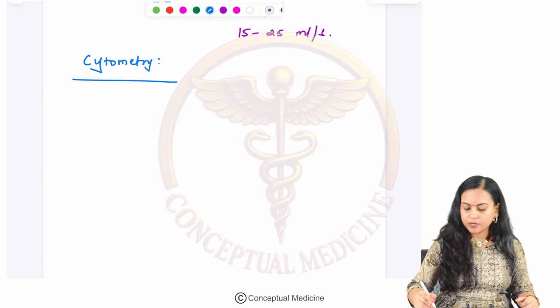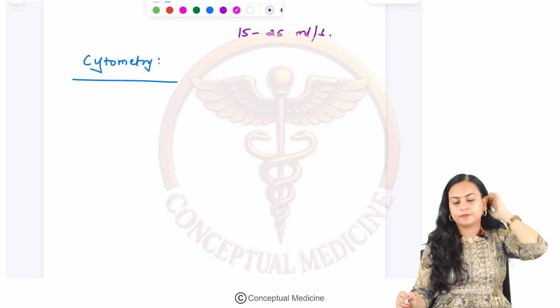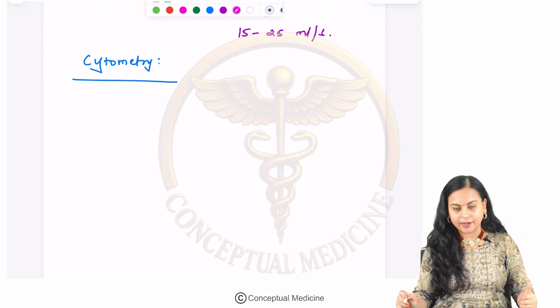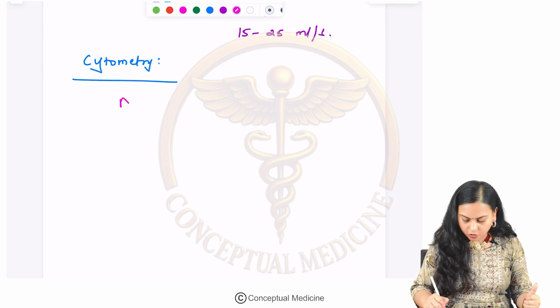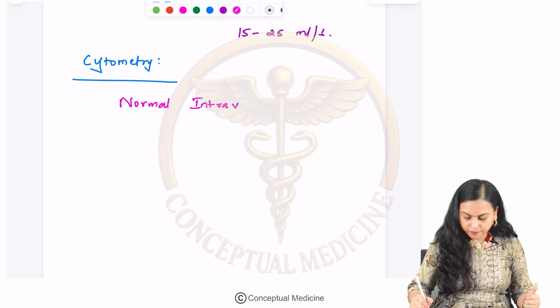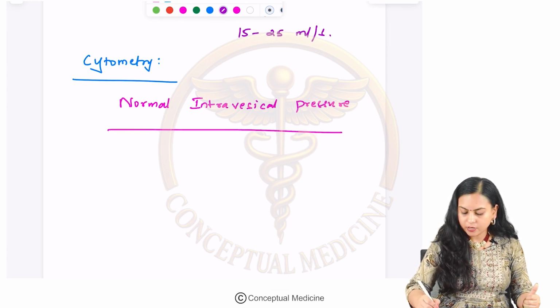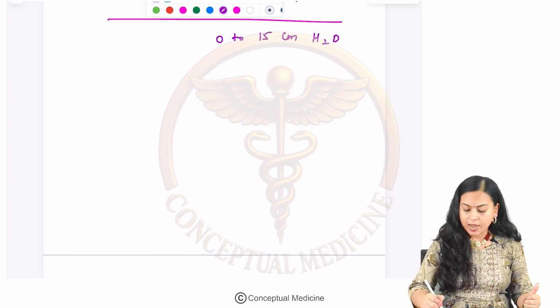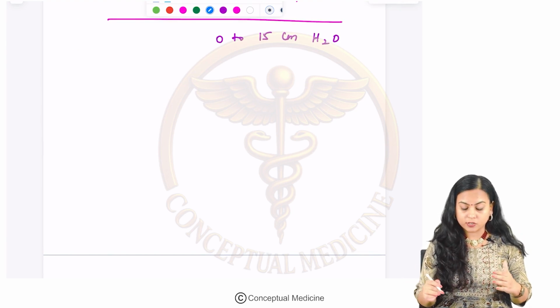Okay, cytometry is a process, an investigation to measure the pressure inside the bladder. Okay. So, the normal intravesical pressure is around 0 to 15 centimeter water. Okay. And here you have to know one important concept.